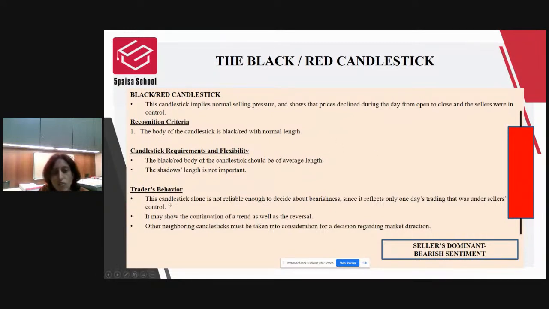What kind of trader behavior do you get to know from this kind of pattern? The candlestick alone is not reliable enough to decide about bearishness, since it reflects only one day's trading that was under the sellers' control. So it may show the continuation of a trend, or it may as well show a reversal. What do you understand by the term reversal?